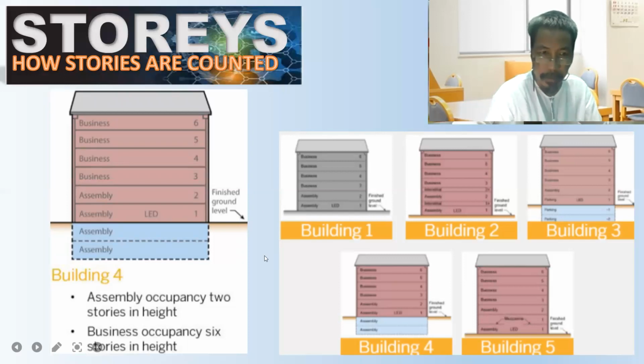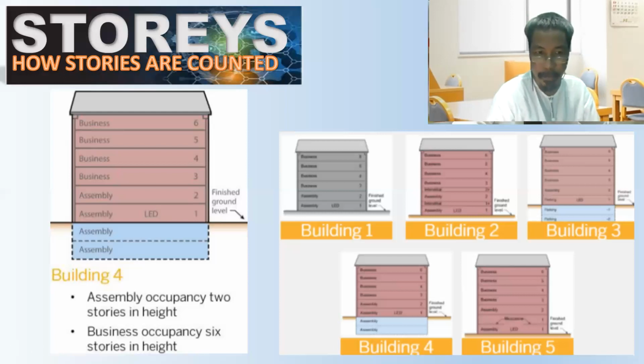How can we determine the number of stories? There are 2 stories for assembly occupancy. What are those? The first floor and second floor. These assembly floors lower than LED are not counted as assembly, because again, we already determined LED to be the first floor. That's why it is not counted, because it is lower than LED.